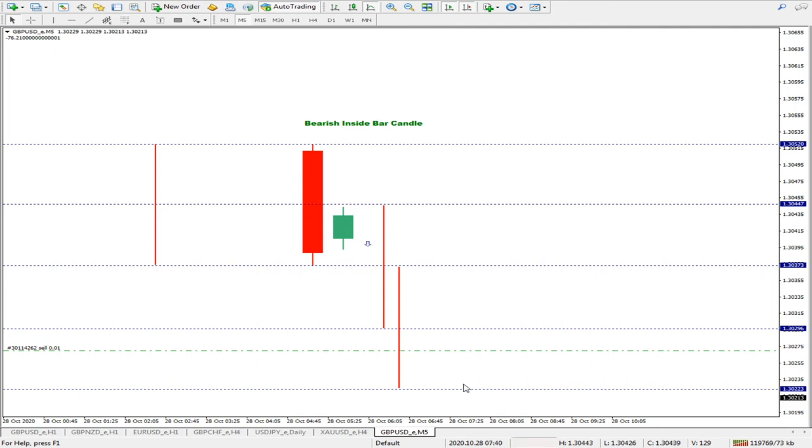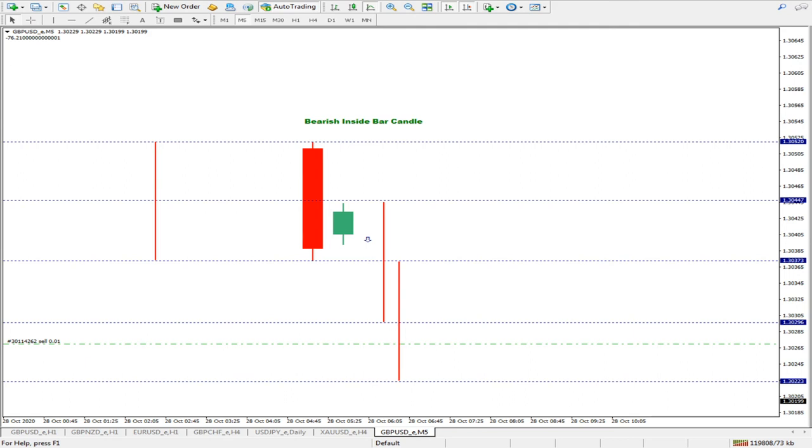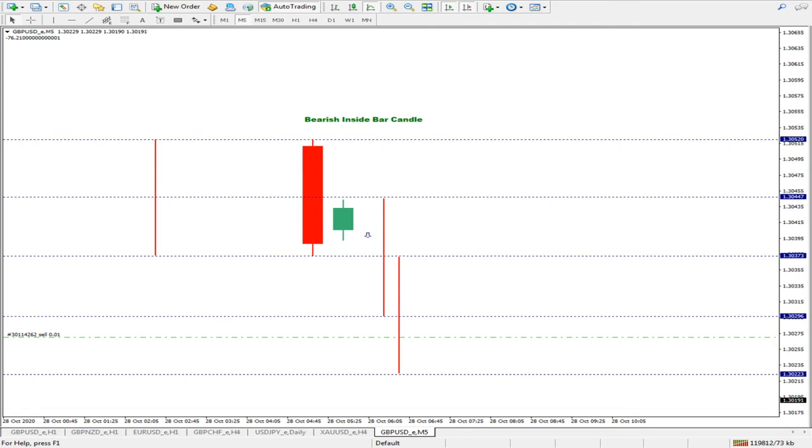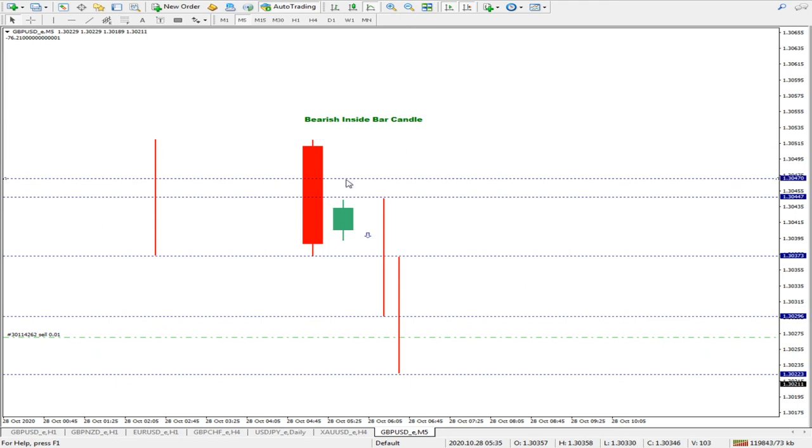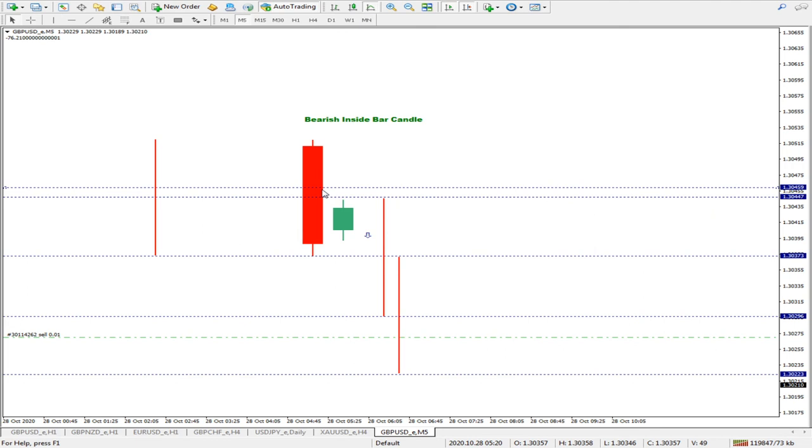One last thing I want to mention is that although I trade pin bars and inside bar candles, it's only important if that pin bar or inside bar candle is happening around a clear level. That's when it makes sense. Assuming this is an inside bar candle, and the previous, bigger candle was breaking below a significant level, maybe this level was a support.